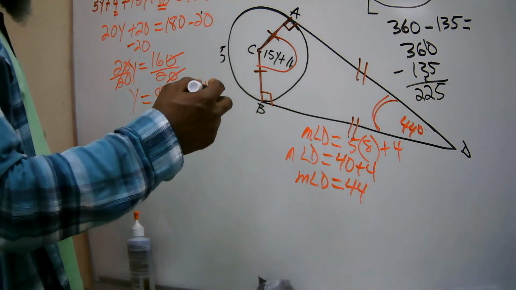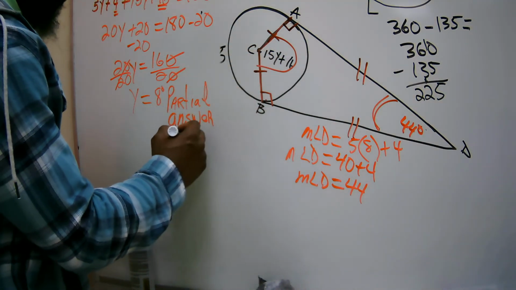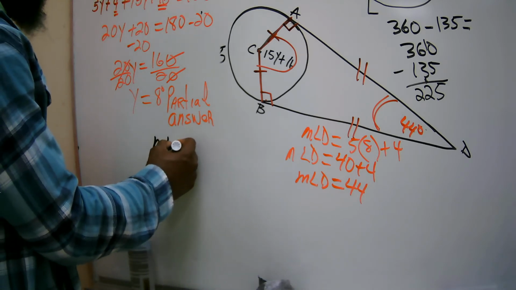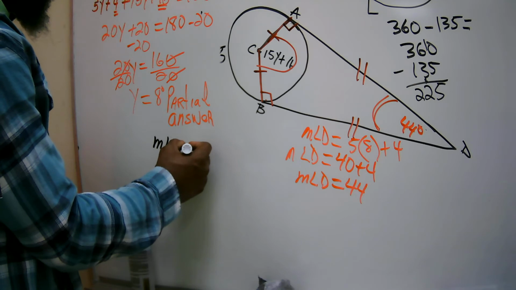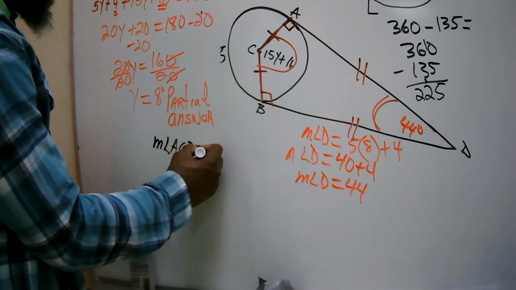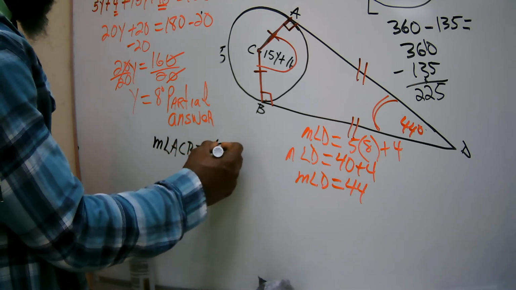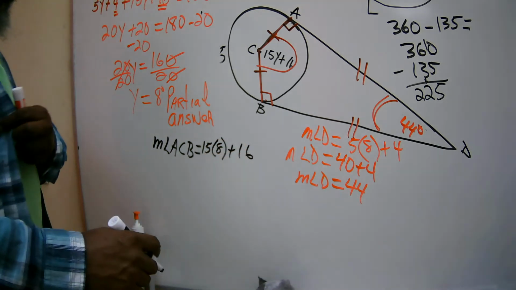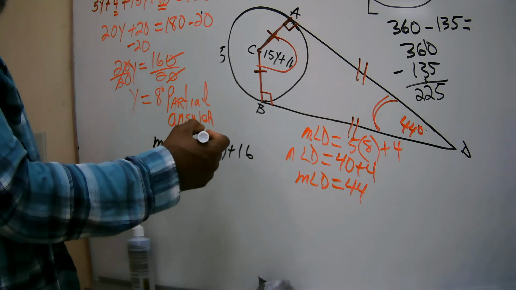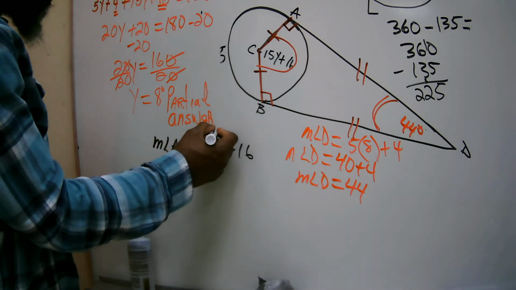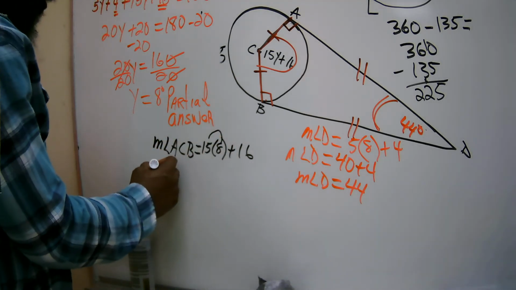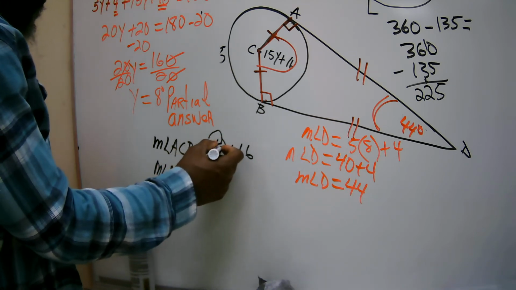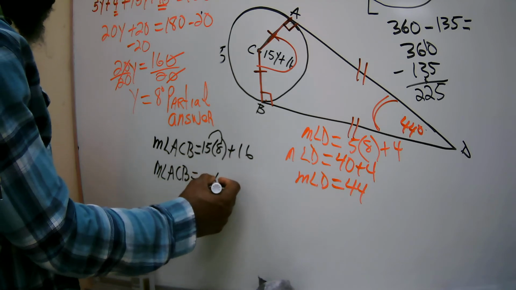Alternatively, you can substitute its value, where we can find the measure of angle ACB, which is 15 times 8 plus 16. Then 8 times 5 is 40.